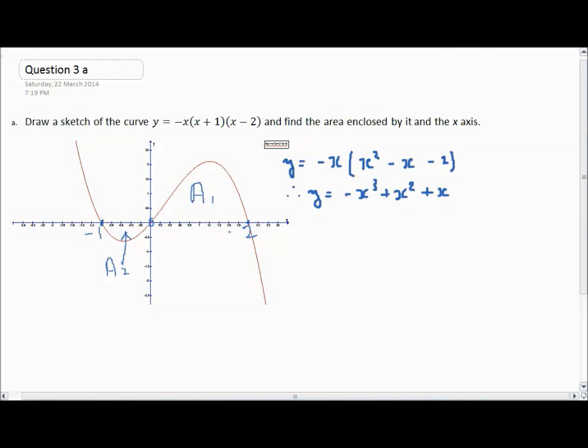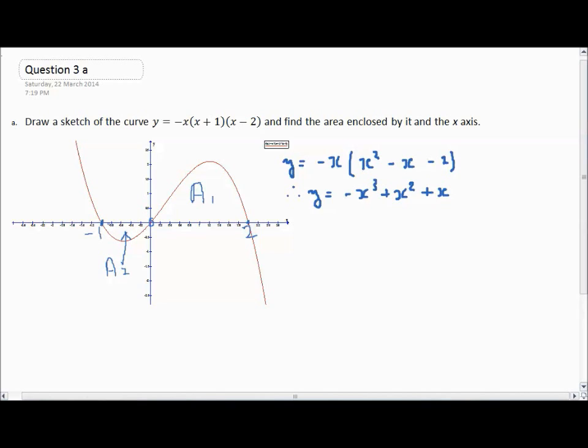Now what plotting the graph has enabled us to do is realise that we're after the area of two sectors. Area 1 here and area 2. Area 1's above the x-axis, so that's going to be a positive when we integrate over the interval 2 to 0. And area 2 is going to be negative, isn't it?